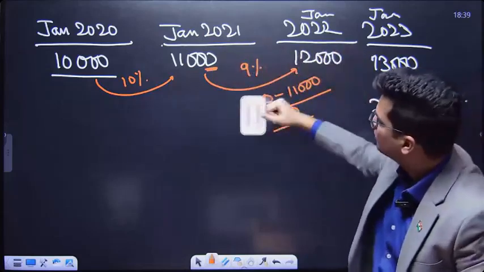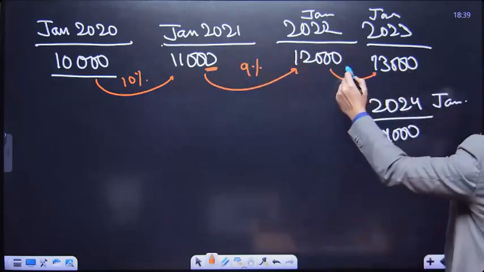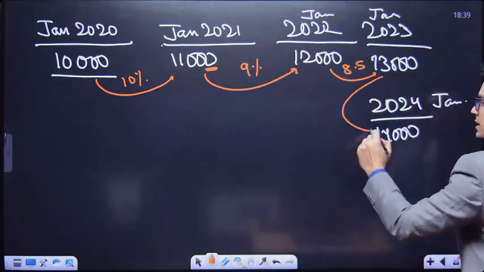So this is first it was 10%, now it is 9, now it gets to let's say 8.5, now let's say it gets to 8%.